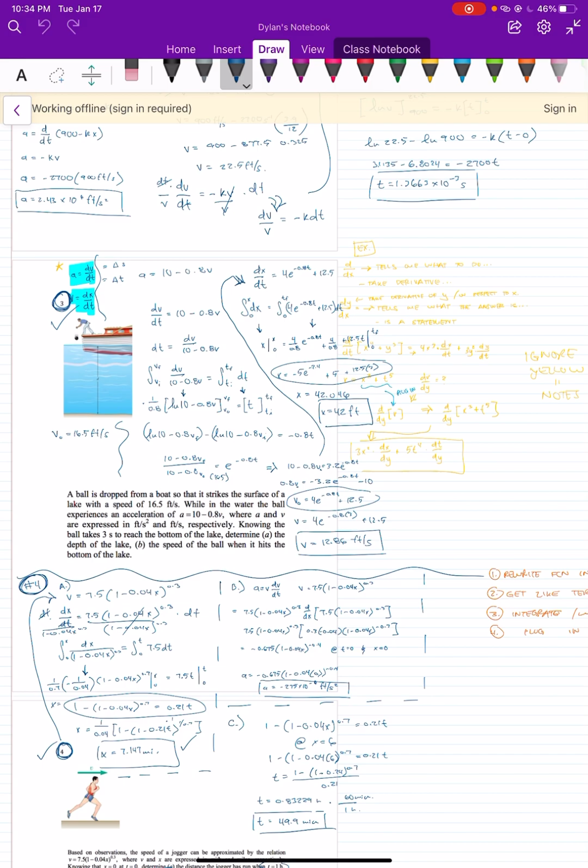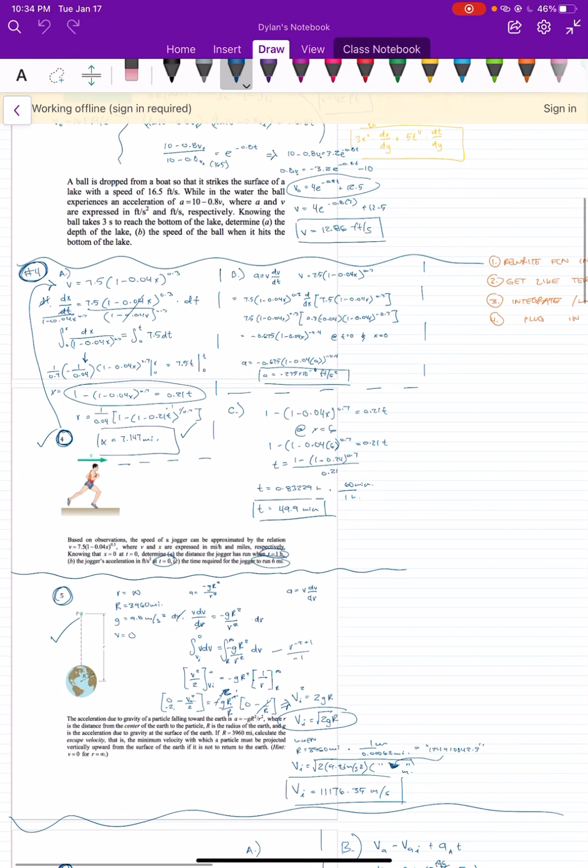And then I did the same thing: took the derivative of the velocity function, because it gave us originally the acceleration function. Got the velocity function, took the derivative of that, and then integrated with a different x value. Ultimately I need to finish that one on number 3, but number 4 is the same.